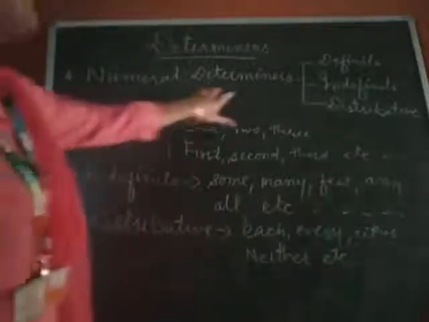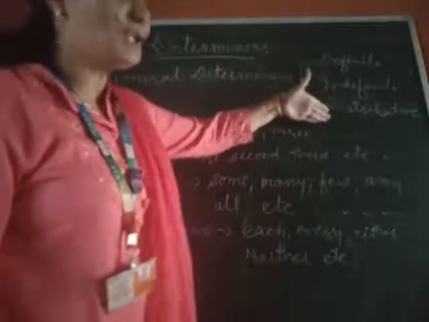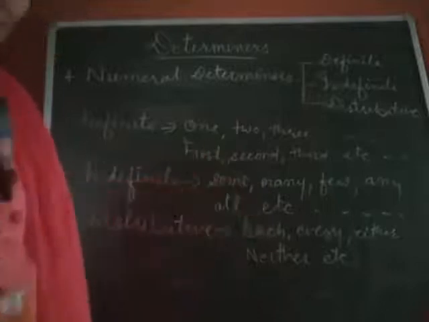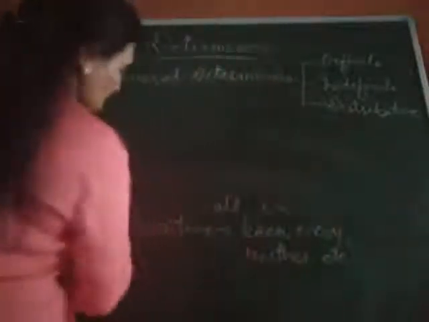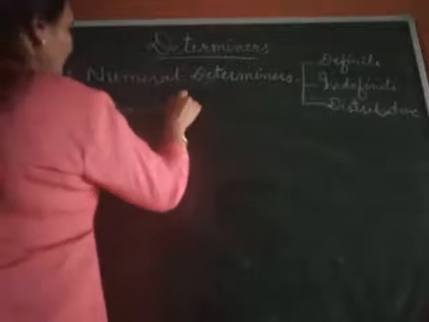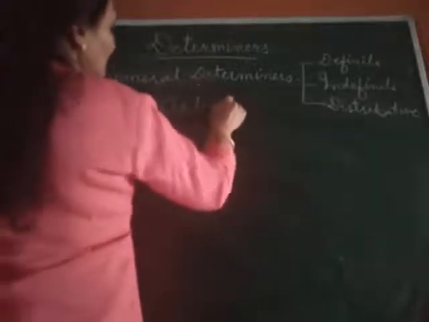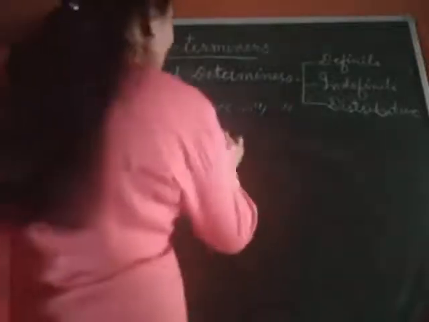And distributive determiners: each, every, either, neither, etc. So these are the types of numeral determiners: definite, indefinite or distributive.